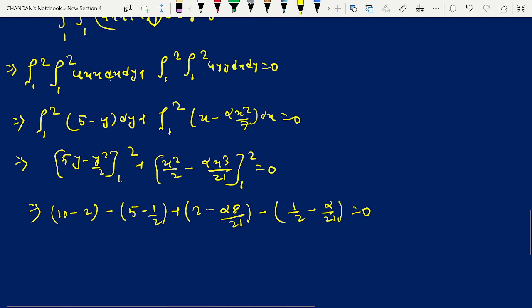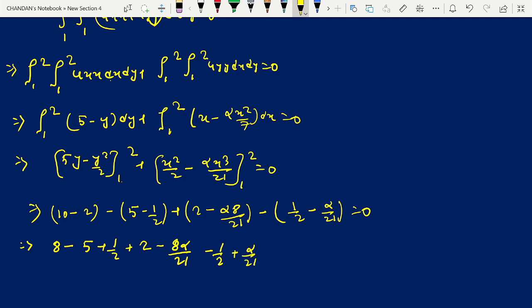Then we solve, then we got 10 minus 2, 8 minus 5, plus 1 by 2 plus 2 minus 8 alpha by 21 minus 1 by 2 plus alpha by 21 is equal to 0.